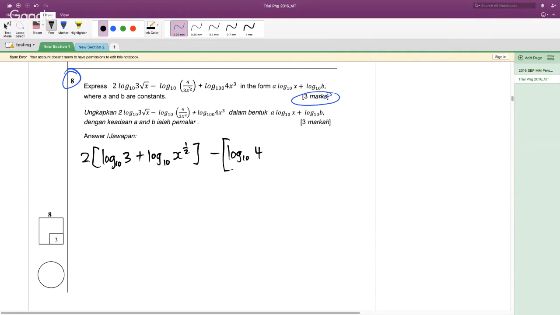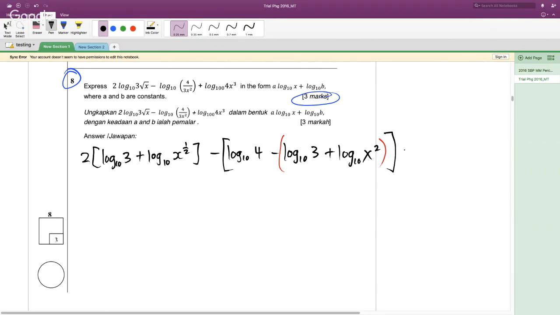Okay, so divide means minus log 10 3x squared. Okay, 3x squared over here, if you want to separate, you can still separate here because 3x squared means log 10 3 plus log 10 x squared. And then close bracket and then close bracket again.